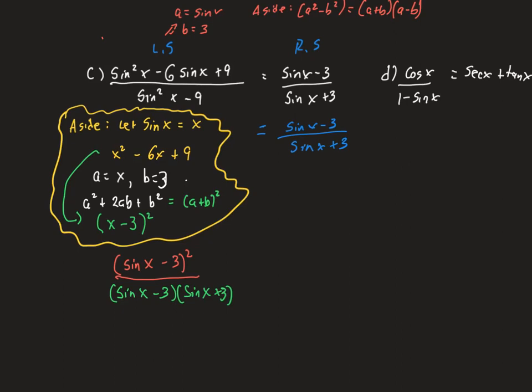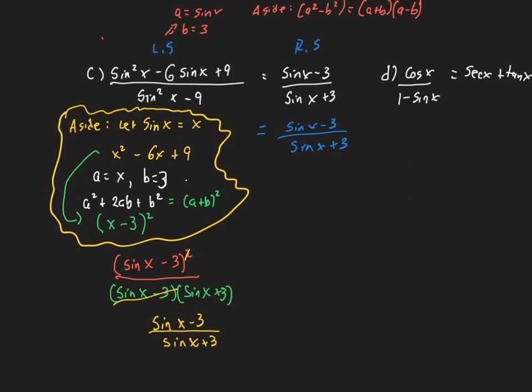So remember, sine x minus 3 all squared on the top. That means there's 2 of them. I already have this same expression right here, only one of them though. This other one's a plus, which means I can cancel out one of these on the top by canceling out this one, leaving me with sine x minus 3 over sine x plus 3.